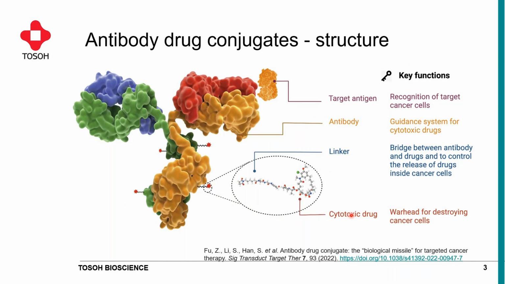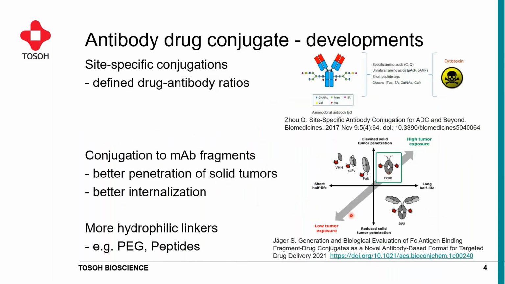Now, this is the very basic concept, but what we see recently is that there are some trends in the development of antibody-drug conjugates. One of the routes that are taken at the moment is to try to get site-specific conjugations. What that means is we just attach our chemotherapeutic drug to a known site or a known place in the antibody structure.